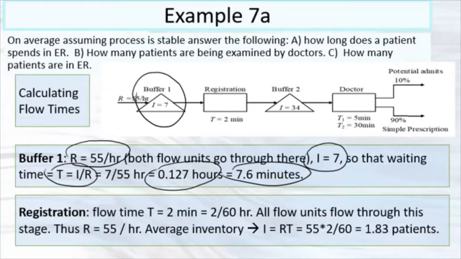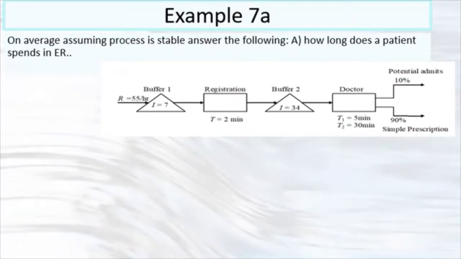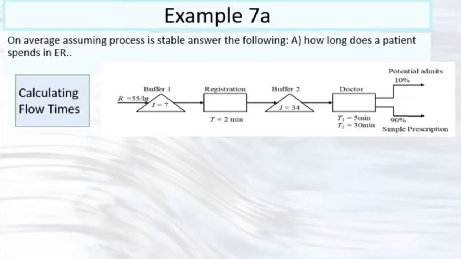Now we go on to registration. At registration, the time is already given to us, so it's 2 minutes. But here we're calculating the inventory because we will need it for later questions. So the next stage is buffer 2 and doctor.